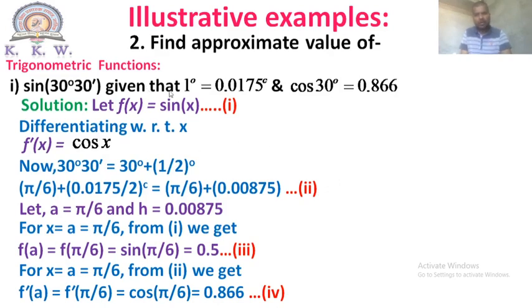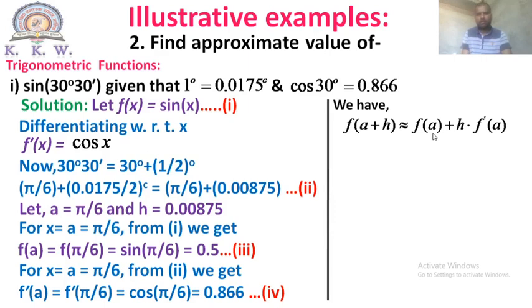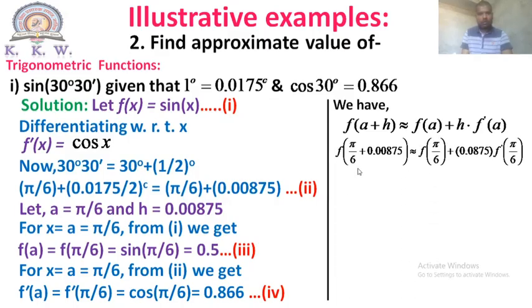After finding the value of f of A and f dash of A, we'll put this value in the formula of approximation. F of A plus H approximately equal to f of A plus H into f dash of A. Therefore, f of pi by 6 plus 0.00875 approximately equal to f of pi by 6 plus 0.00875 into f dash of pi by 6.